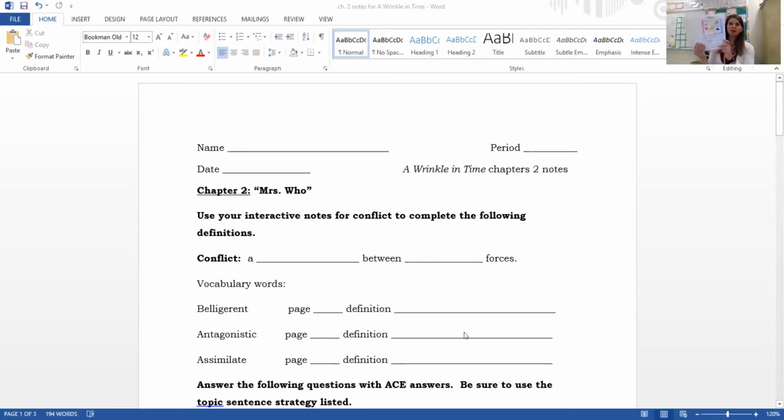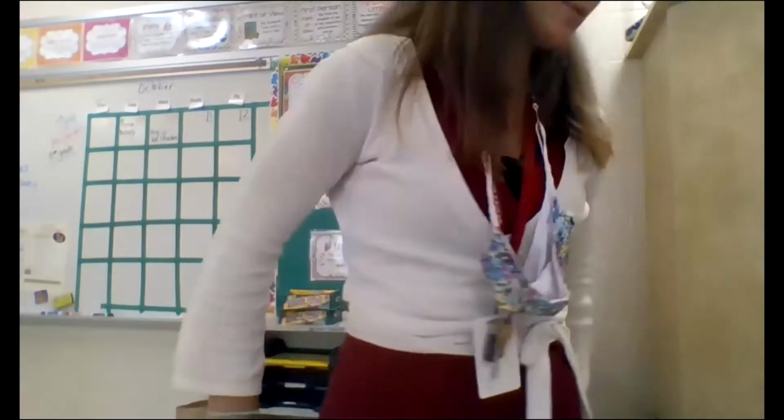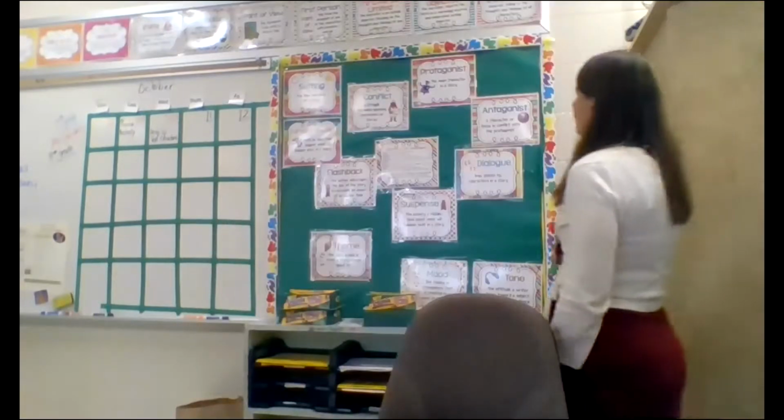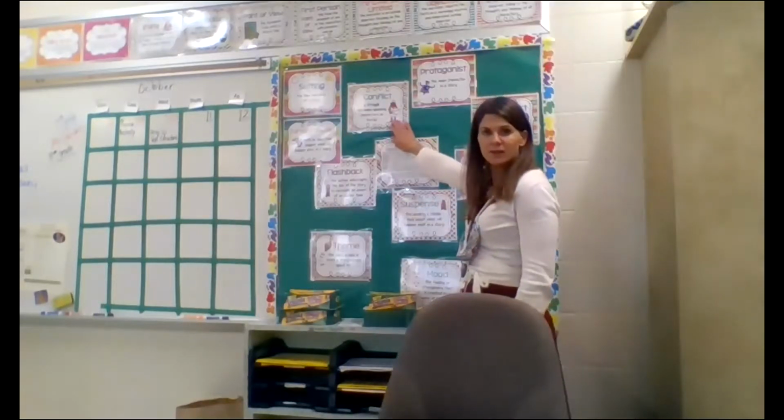In your notebook, you made an interactive for conflict. These are your internal, external. Down below, we wrote our notes for conflict. And this exact definition is also on my poster behind me. So I'll make myself a little bigger so you can maybe see the poster to copy from. Conflict is up here. Oh, it's kind of small.